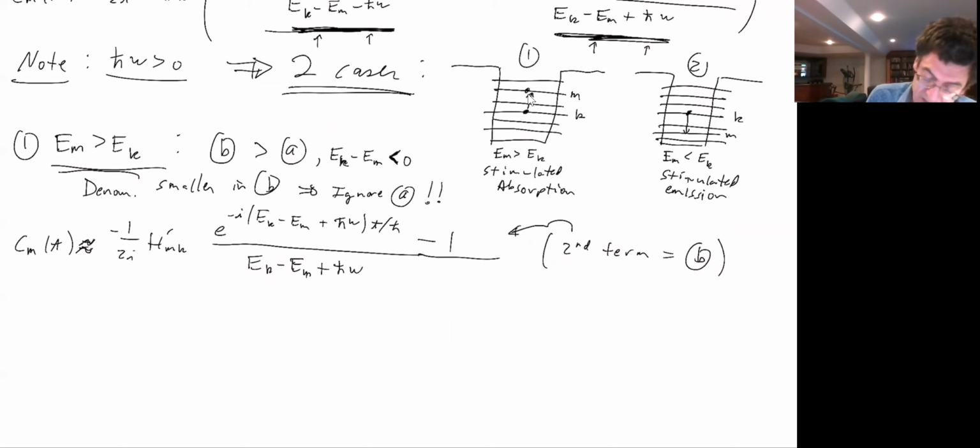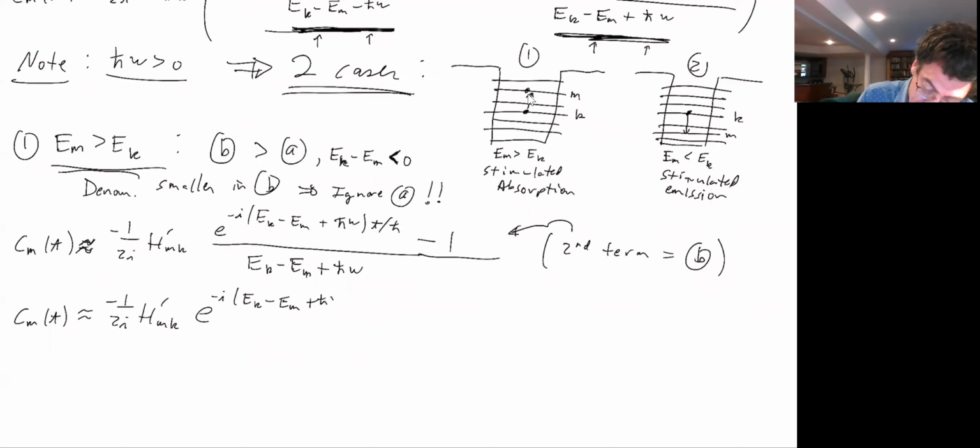But then we have to evaluate this, and so we're going to do a little math trick. We're going to pull a factor out of the numerator. It's not obvious why we should do this from the get-go, it's just a math trick, but let's do it and see where it leads us.